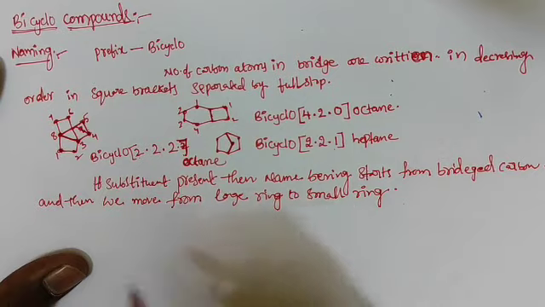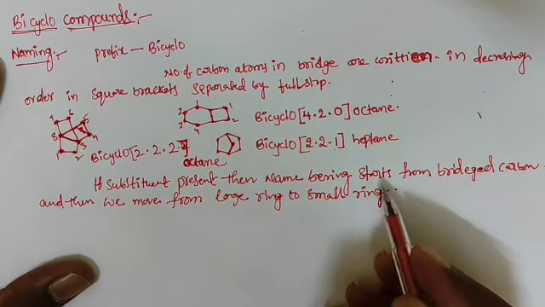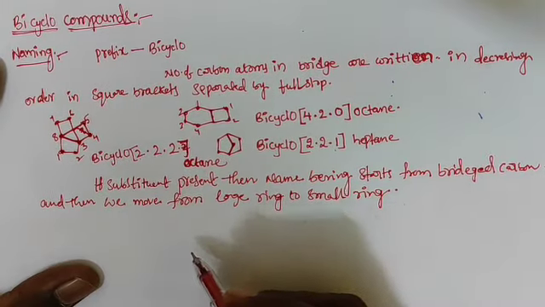Large ring to small ring we will go. Substituent present means the name will start from the bridged carbon.